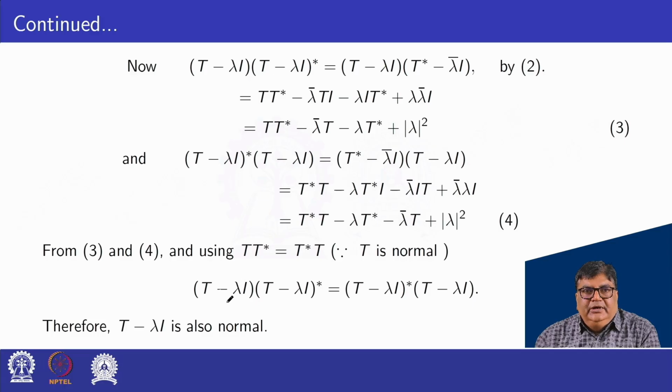So we have (T − λI)(T − λI)* equal to (T − λI)*(T − λI), as TT* is equal to T*T. Hence T − λI is also normal. Hence proved.